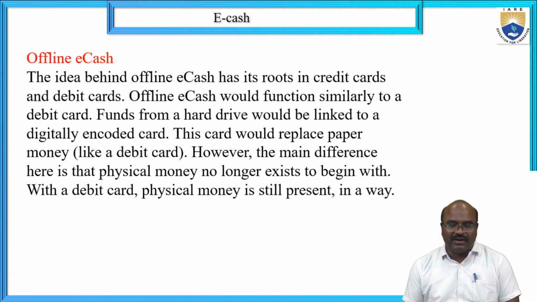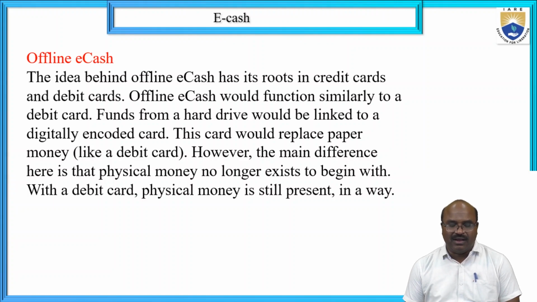The idea behind offline e-cash has its roots in the credit card and debit card. Offline means the data will be stored in the credit card or debit card. Offline e-cash would function similarly to a debit card.